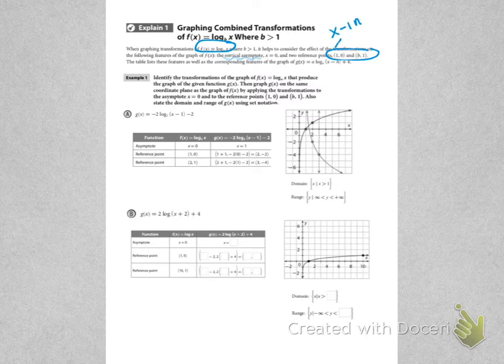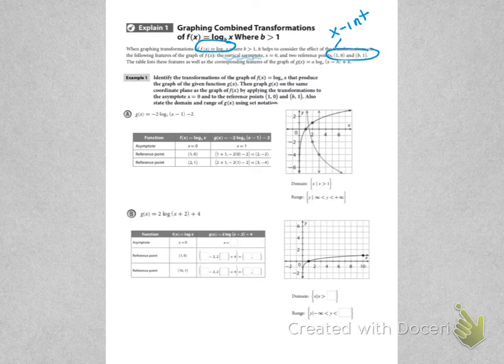So we'll take that as one of our reference points for every single one of these, just like we did 0, 1 on the exponential graphs. And then the other one would be b, comma 1, b meaning whatever the base is. And that's because if the x value in this case is the same as the base, the exponent's going to be 1, because anything to the 1 power is itself.